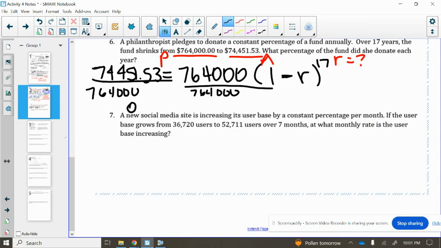Again, you're going to want to use a couple decimal places beyond that to get a good read. And right now that equals 1 minus our R to the 17th power.